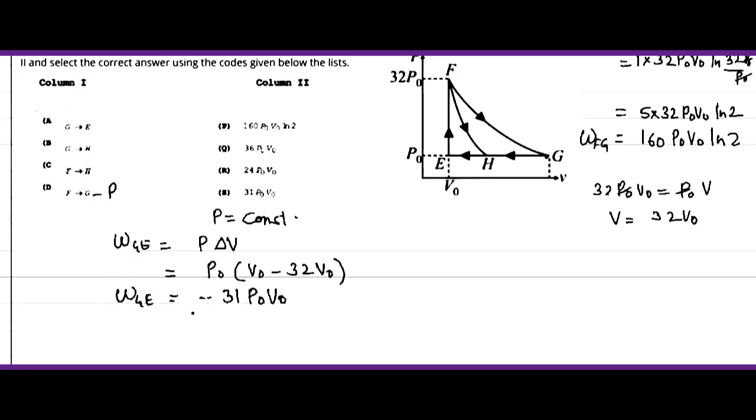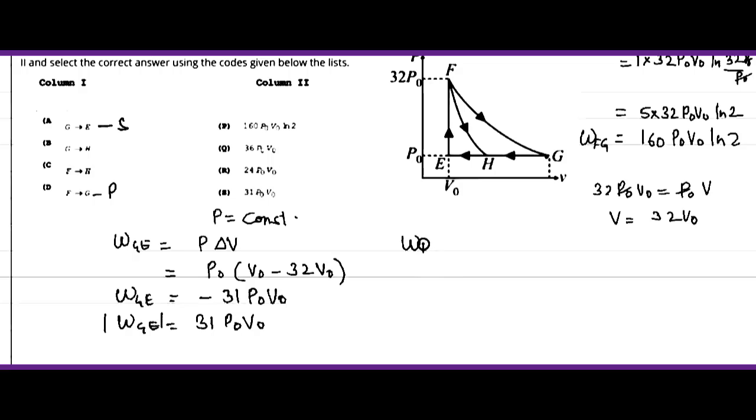Now we simply take the magnitude, so W_GE is 31 P naught V naught. So this matches with H. Now let's try to find out the work done in the process F to H.